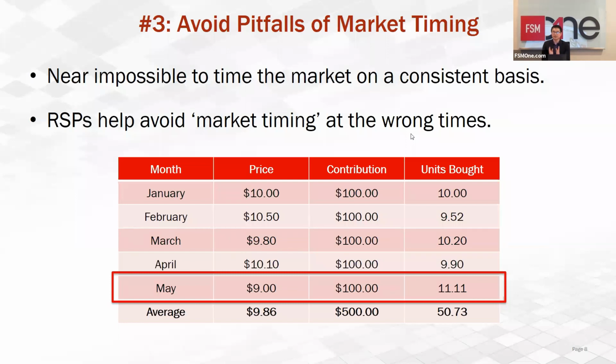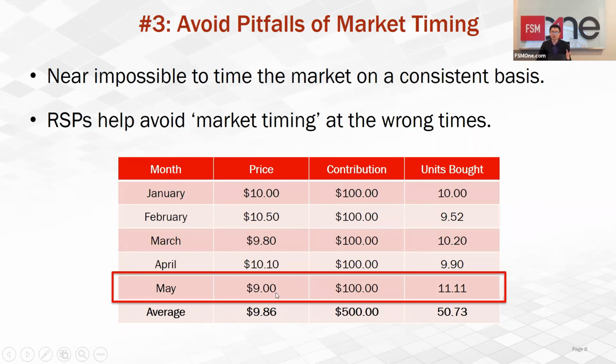Now, at this stage, I just wanted to go back to the example that I showed everyone in my previous slide. Some investors will be looking at this table and asking themselves, okay, in the long run, I'm getting an average price of about $9.86. So why don't I just get in the month of May when the price is at $9? I just throw in all my $500 in the month of May.